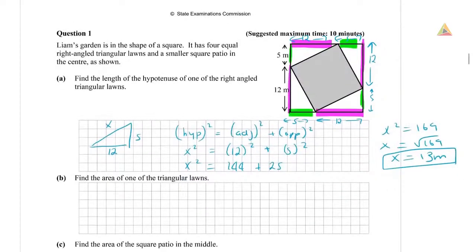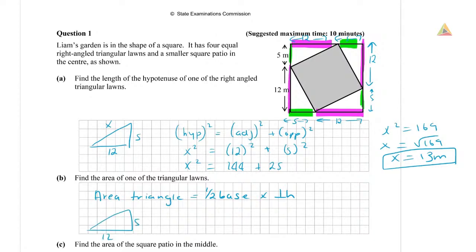So the next part of the question, find the area of one of the triangular lawns. So we need to find the formula for area of a triangle. So area of a triangle is equal to half the base multiplied by the perpendicular height. So again, I'm going to draw the triangle.